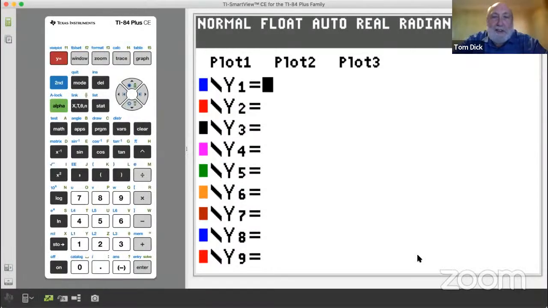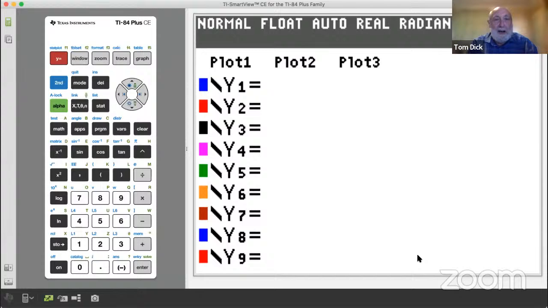Okay. I'll get on my screen, and what I'm going to do is start out looking at some basics of polar functionality on the TI-84. This is just the nuts and bolts.